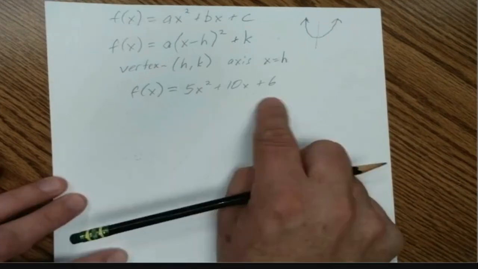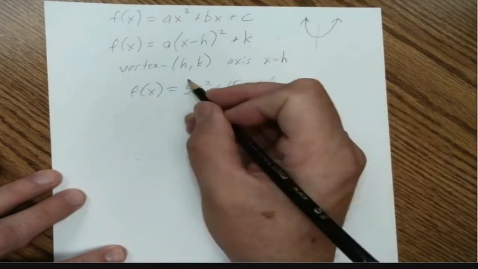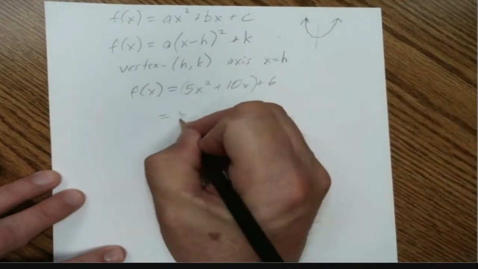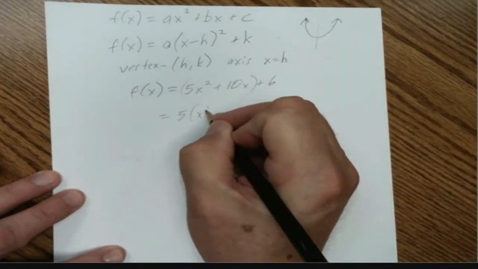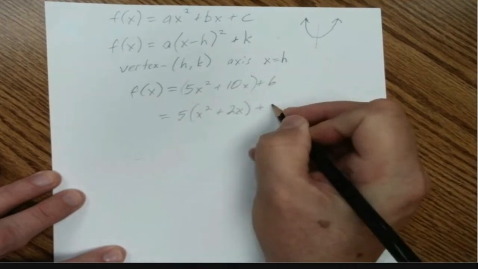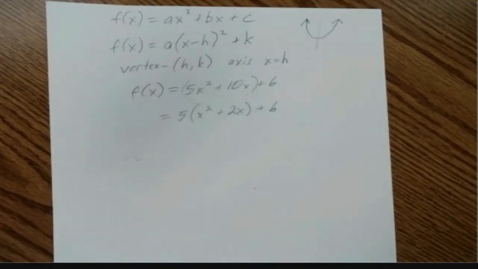But we can convert that to vertex form and learn a lot about it. So let's factor out the 5 first: 5 times (x squared plus 2x) plus 6. To convert this, we go back to completing the square, which you've done a little bit in the past. We're going to bring that back as a reminder.